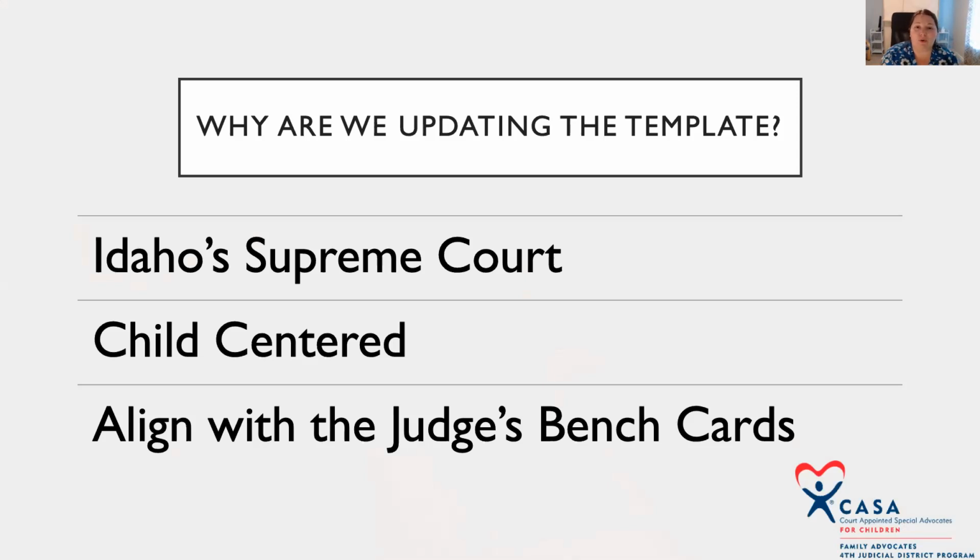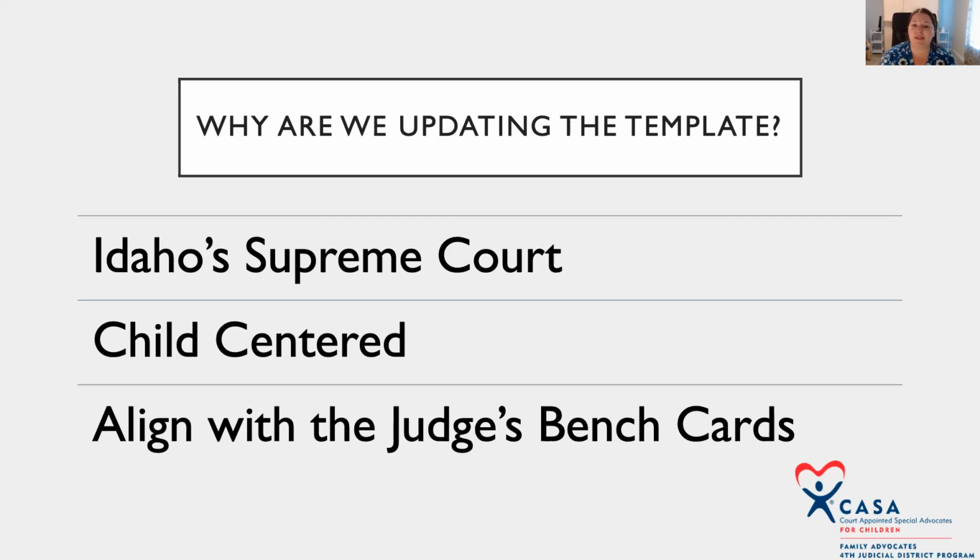If you were familiar with our old template, you may know that we've been using it for a few years now. So you might be asking, why are we updating it all of a sudden? Well, the decision actually came from the Idaho Supreme Court. All judicial districts and all CASA programs across the state use the exact same report templates.